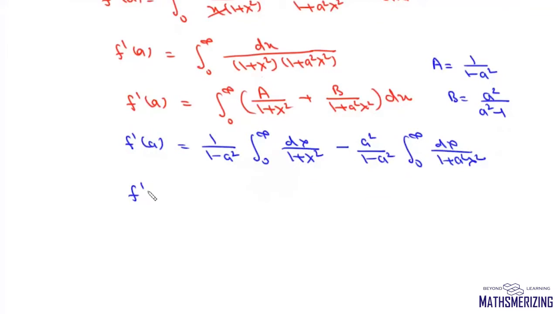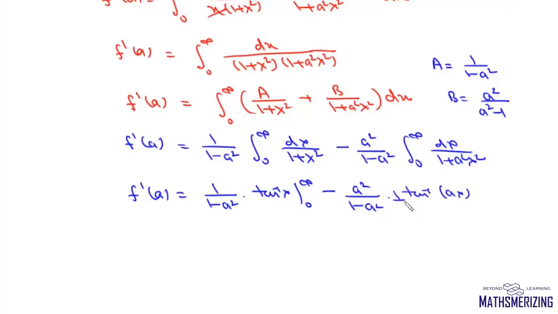Now this is f dash a equals 1 upon 1 minus a square, and this is nothing but tan inverse x from 0 to infinite, and then minus a square upon 1 minus a square into tan inverse ax upon a. Now here a and a will cancel. Now this again is from 0 to infinite. So we'll write f dash a equals, now here tan inverse infinite is pi by 2 and tan inverse 0 is 0.